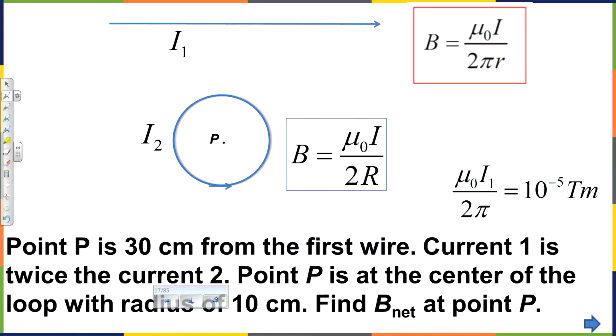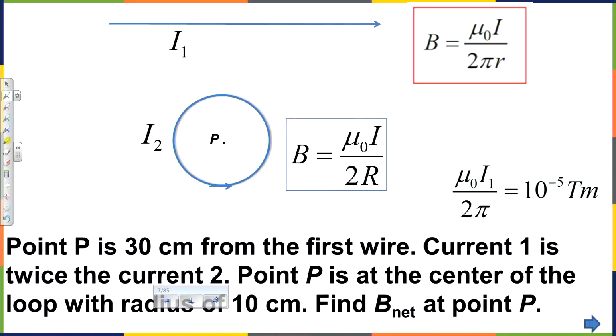For the loop, we don't have a pi. That's it. And now we can solve this problem because it is not a new problem. It has one new equation, but the problem is the same old: calculate net magnetic field. And to calculate net magnetic field, we know what to do. We have to draw each individual magnetic field, look at it, calculate the net. Done.